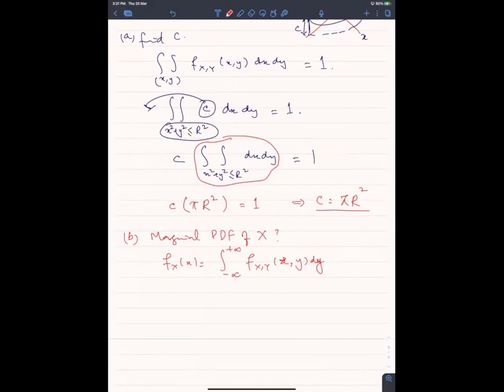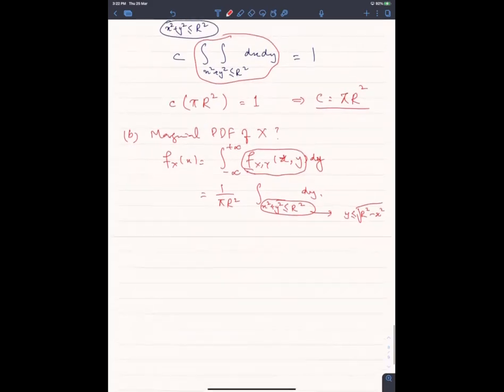But we do know that f x y is 0 outside the circular region. Okay, so this would be 1 over pi r square, which is c, over a region where x square plus y square is less than equal to r square, dy, which means कि y is r square minus x square under the root. This expression means कि y should be less than equal to r square minus x square under the root.